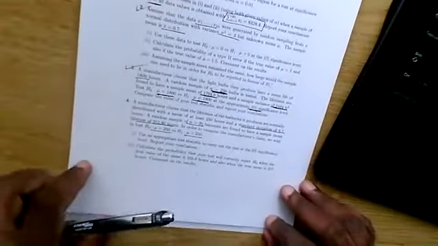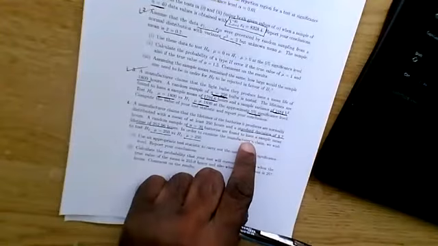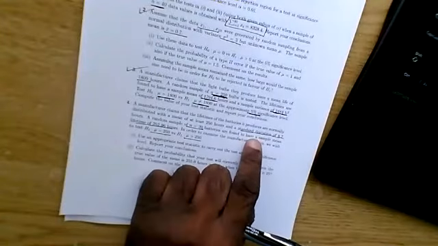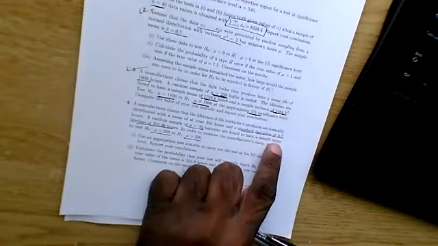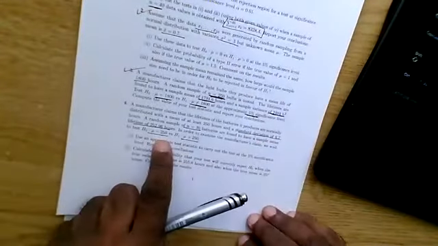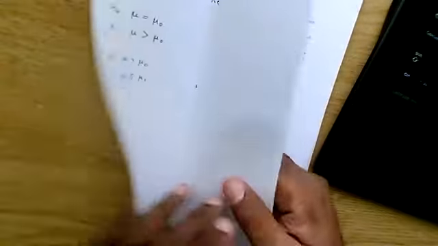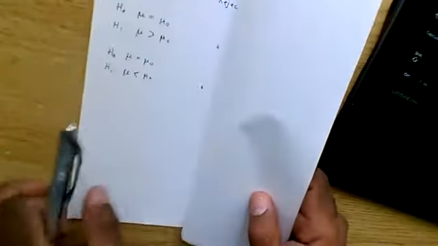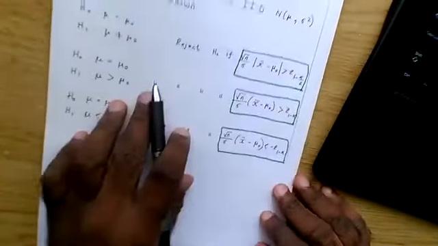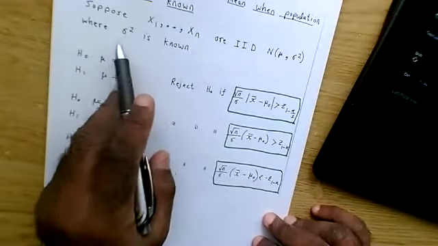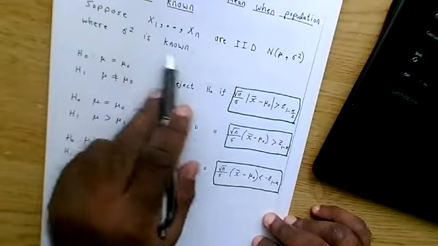In this question, we are assuming that the population standard deviation is known and is equal to 8.7. So the rule for testing this versus this has to be this one. Remember, this is the case where the population variance sigma squared is known.